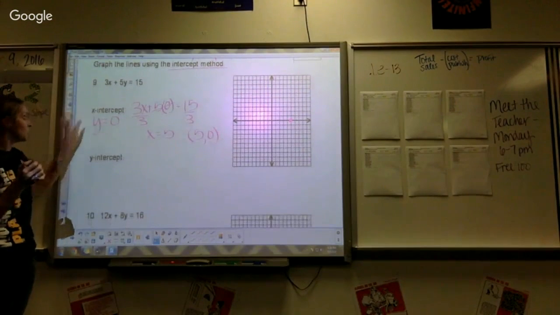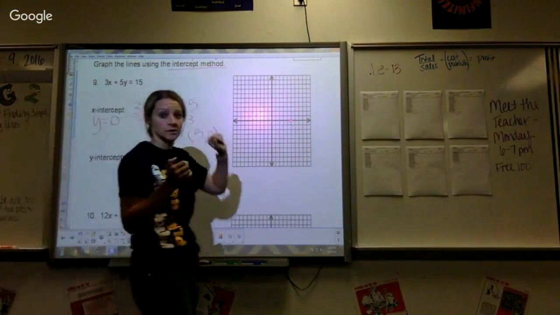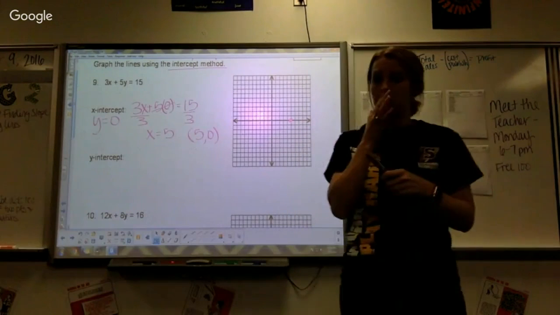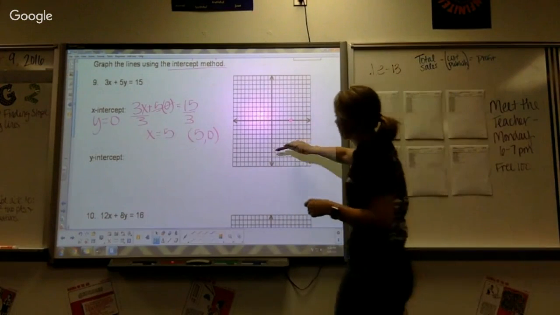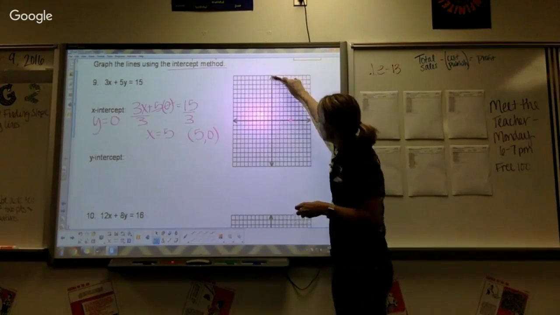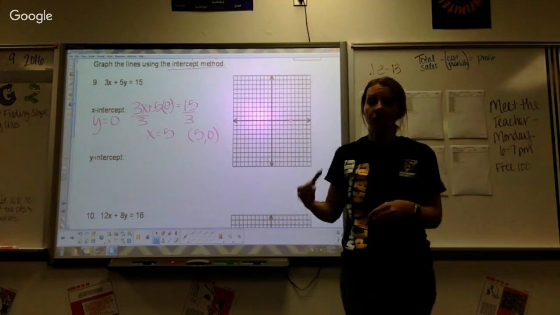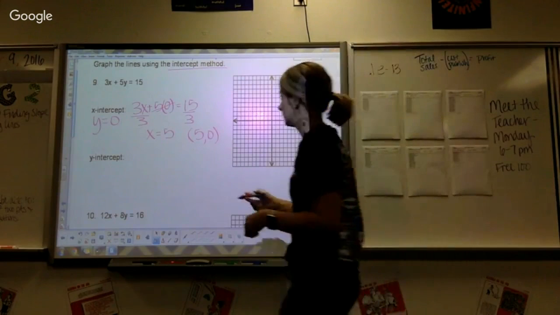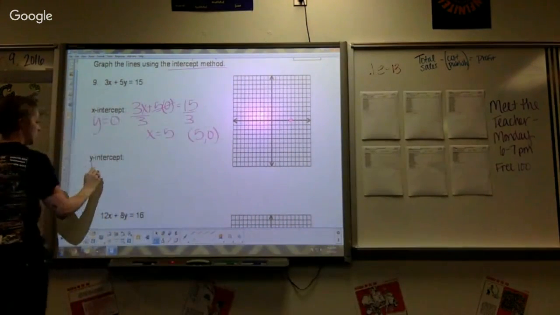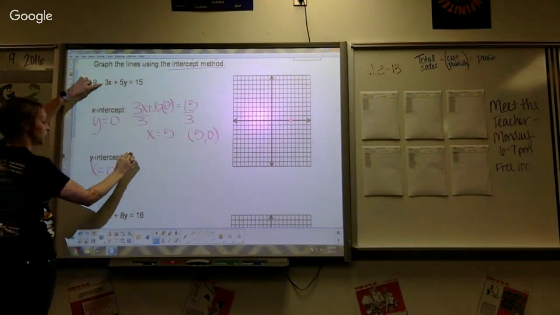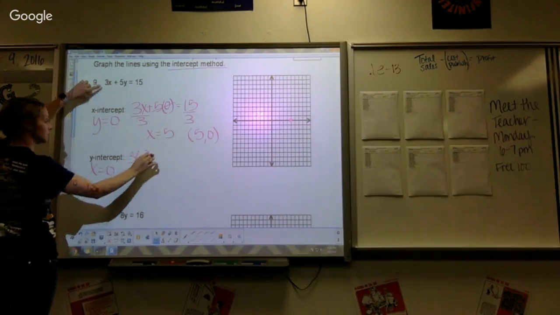Now I'm going to find the y-intercept by using this intercept method. So now notice we're going to have to find where it's going to cross the y-axis. Anytime you have a y-intercept, your x value will be 0. So knowing that, as you write your equation, replace x with 0.